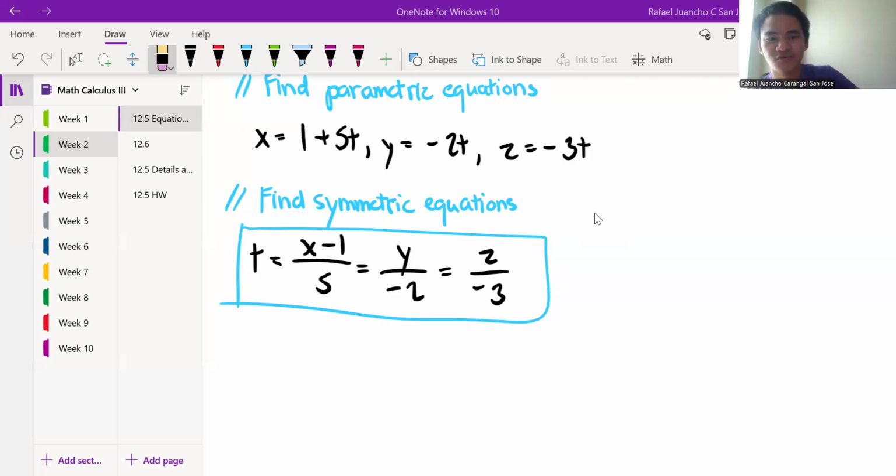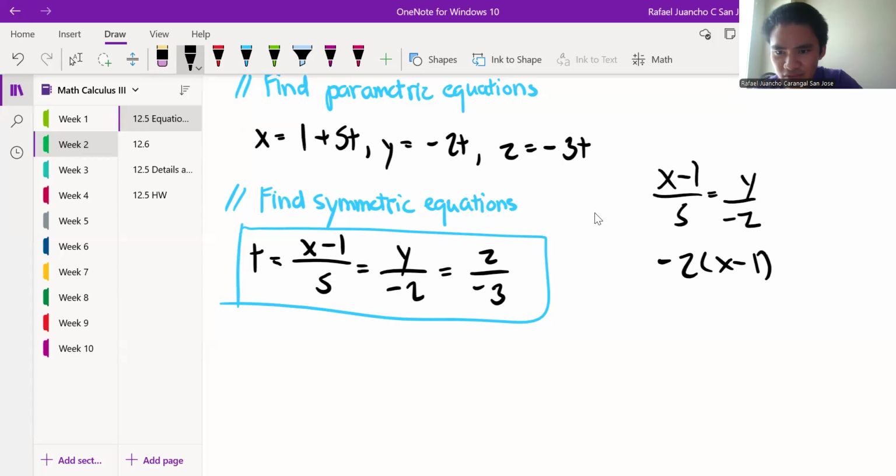One in terms of x and y, that's line L. I can simplify this: -2x minus 1 equals 5y, or -2x + 2 equals 5y. This is a linear equation.